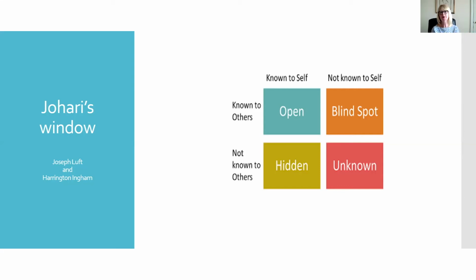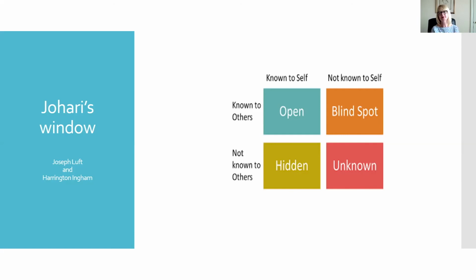So if you're with people that you trust, that you feel respect for, that you feel respected by, then your open part of yourself becomes bigger. Likewise, if you're in a relationship with people in the workplace, at home, and you don't have that trust and you don't feel comfortable, then perhaps your mask is raised and the hidden part of yourself becomes larger.